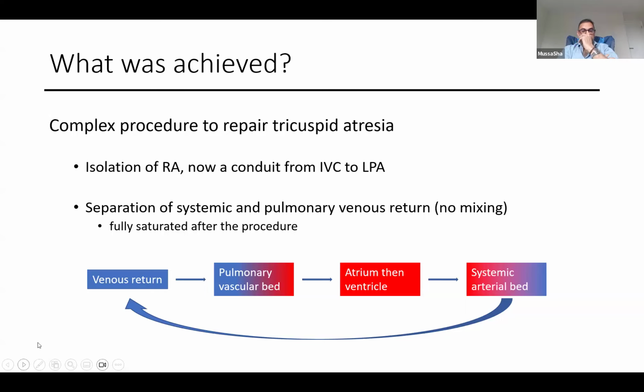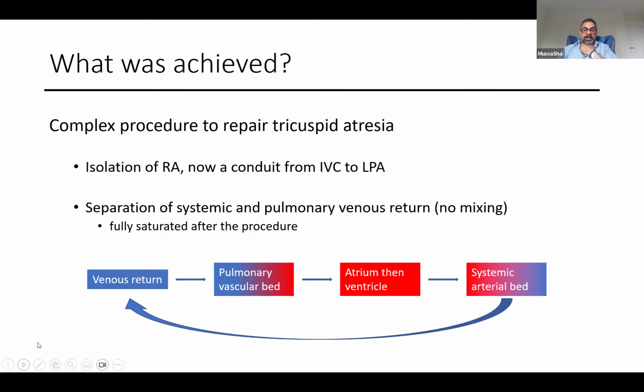And this was the flow of blood. So the flow of blood was from the systemic arterial bed through to the venous return, and the venous return would go directly to the pulmonary vascular bed, where the blood would get oxygenated, and then from the pulmonary vascular bed, the blood would pass into the left atrium, and from there the left ventricle, and back into the systemic arterial bed.